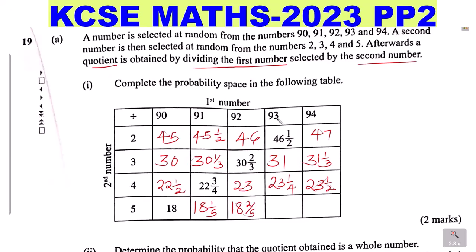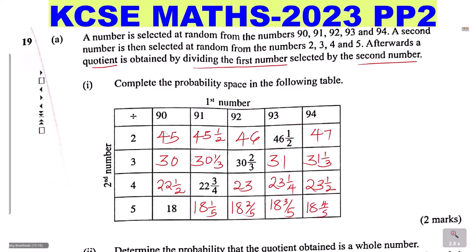Then the next is 93 divided by 5. Write the answer there, 18 and 3/5. And then lastly, 94 divided by 5. Write the answer there, 18 and 4/5.